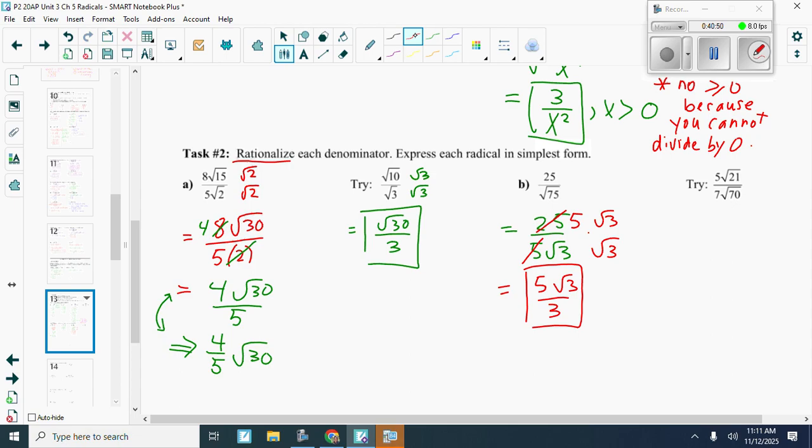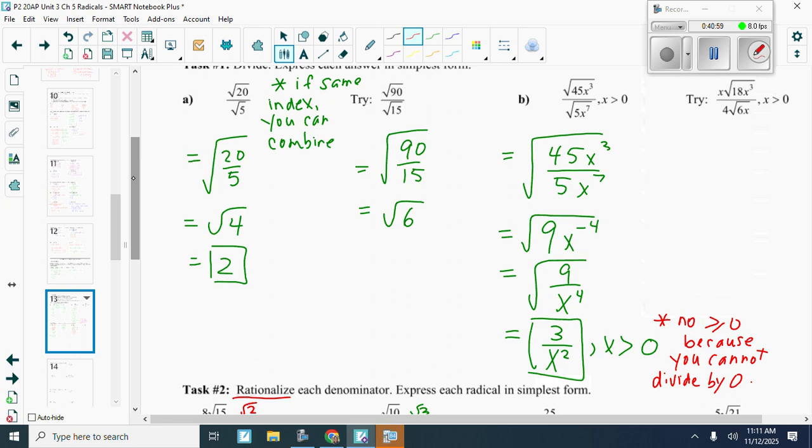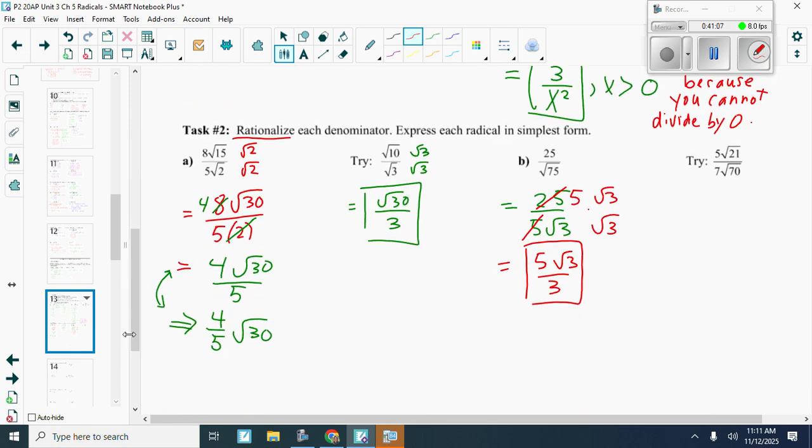For this final one, don't forget you can use the two kinds of techniques that we used. We're still going to rationalize it, but we can combine some of the numbers just to get our numbers smaller. When I look at it, there's nothing that jumps out, like I can't break 70 apart.